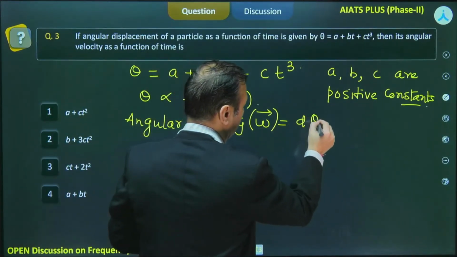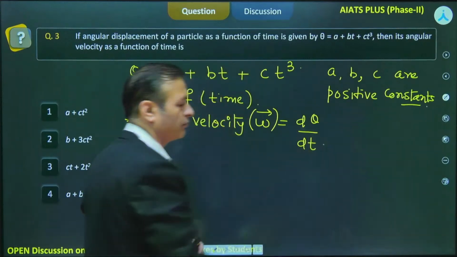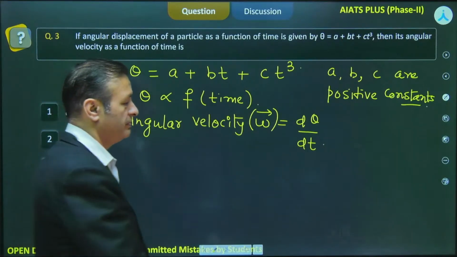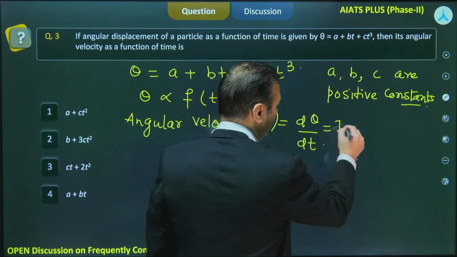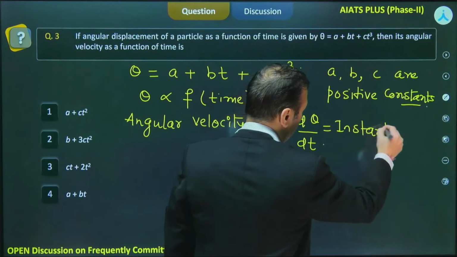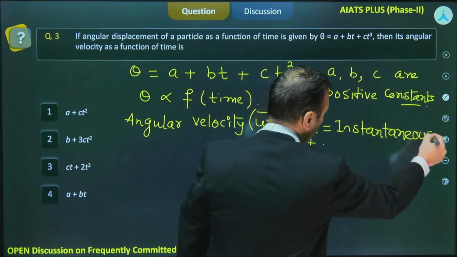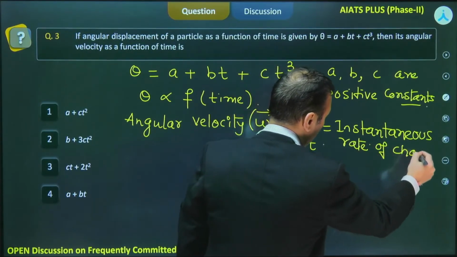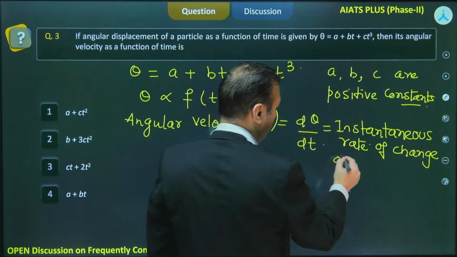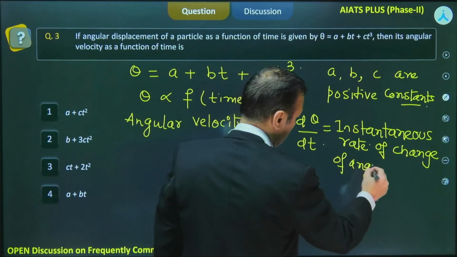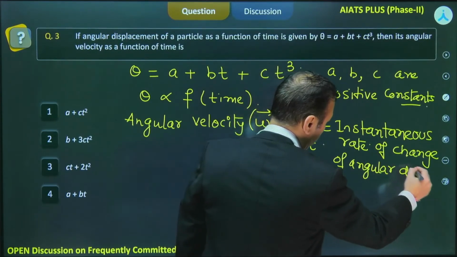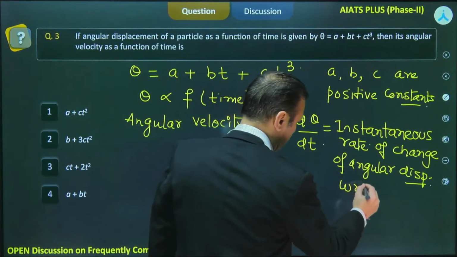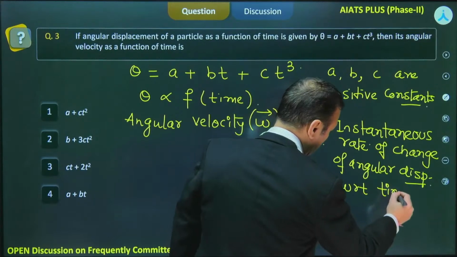We know angular velocity is the rate of change of angular position with respect to time. And when you write down d theta by dt, in physics this is understood as the instantaneous rate of change of angular displacement with respect to time.